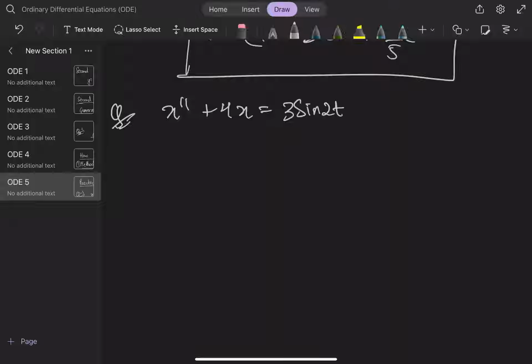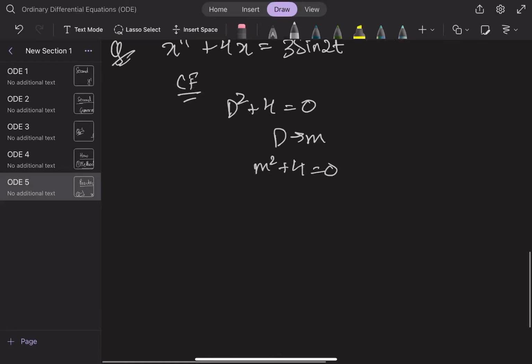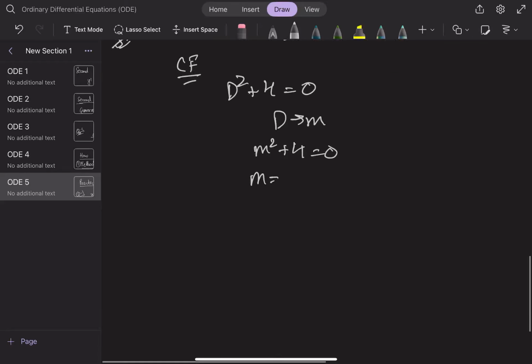So let's find our CF first. So D square plus 4 is equal to 0. Replace D by M. M square plus 4 is equal to 0. So your m1 becomes 2i and m2 becomes minus 2i.